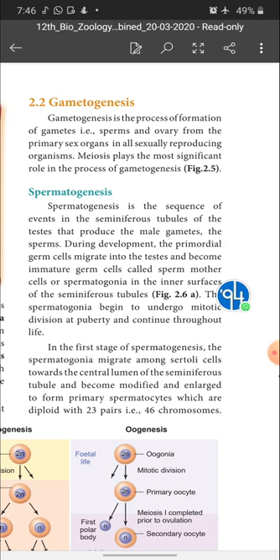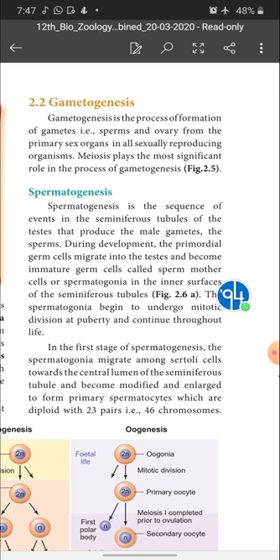It takes place by a process called gametogenesis, and the production and maturation of the gametes also take place by the process of gametogenesis. The number of chromosomes is reduced in the sex cells by a cell division called meiosis. Meiosis is called a reduction division.